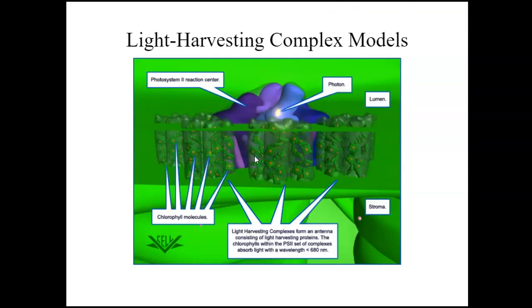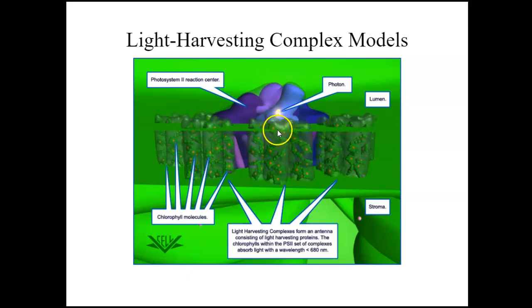This is just another model of the light harvesting complex. So you have these pigments surrounding the photosystem. The photosystem in the center has that reactive area with a special pair of electrons within a chlorophyll inside of there. And these are directing that photon energy to hit that one in the center.